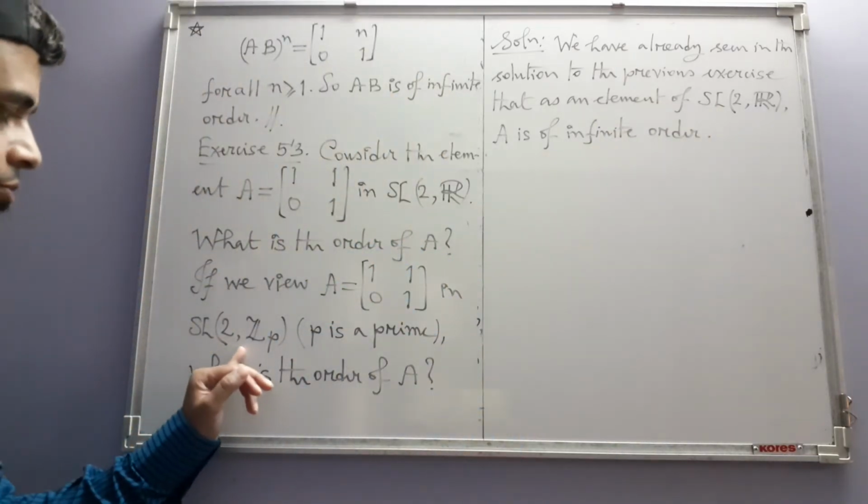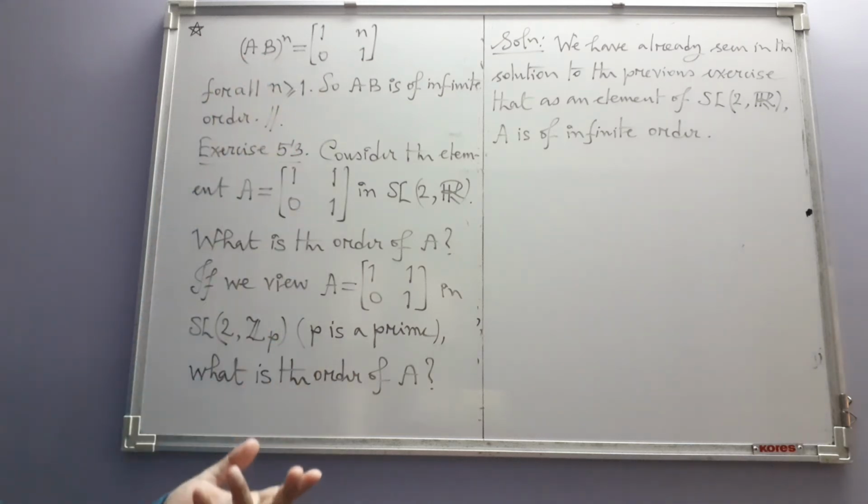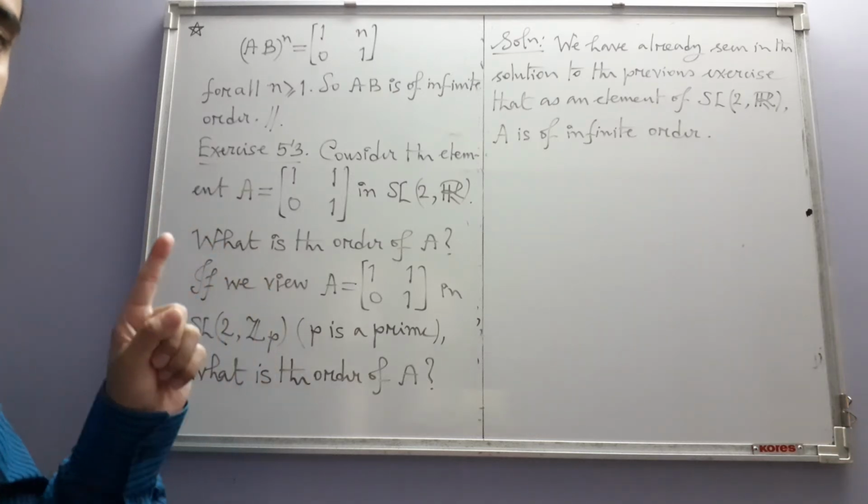And as an element of this group, however, again from this equation you can see that the order of A is going to be p.